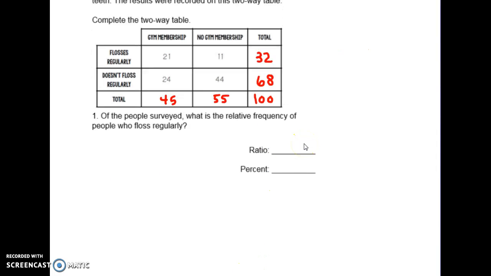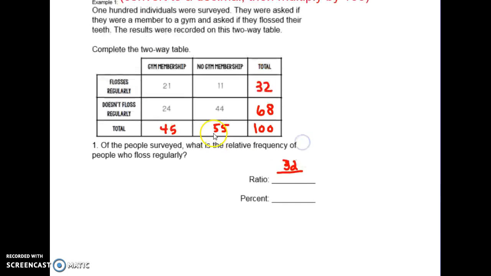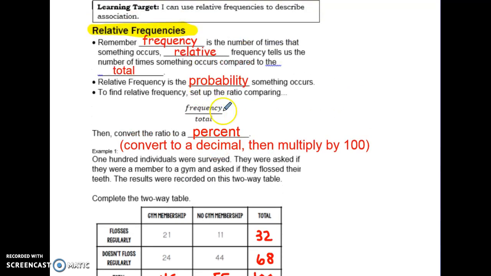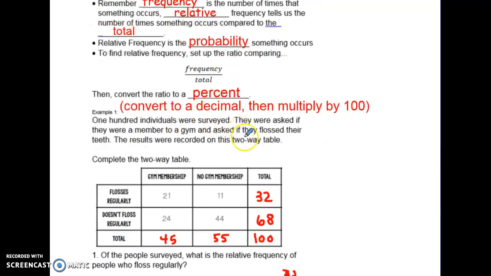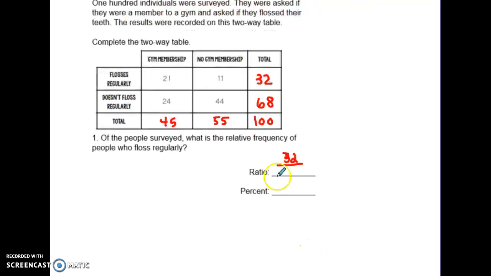So our first question says, of the people surveyed, what's the relative frequency of people who floss regularly? So if you go to floss regularly, we're not worried about the gym membership at all. We're looking for the total amount of people who floss regularly, which is 32. And guys, what we're doing right now is we're setting up the ratio of people who floss regularly, and we're comparing it to the total. Remember, we have a total of 100 people in this.